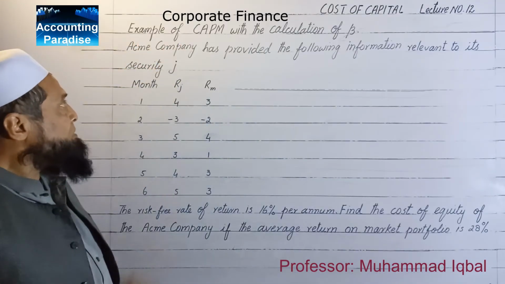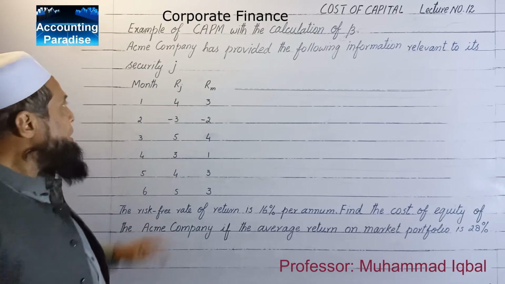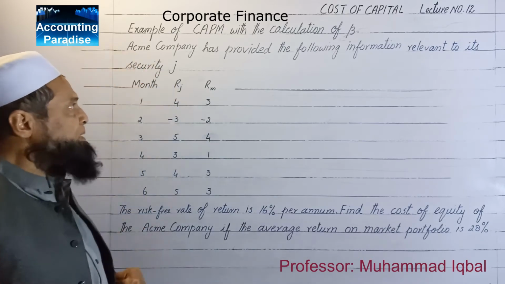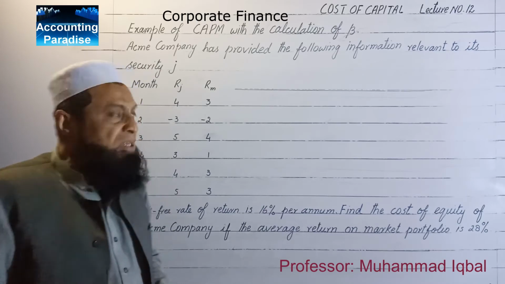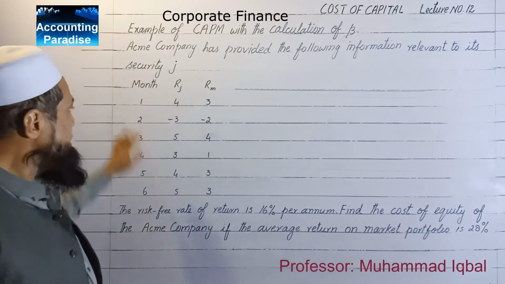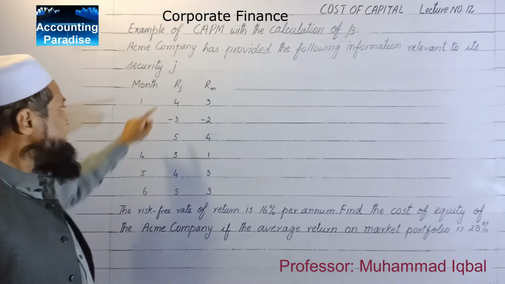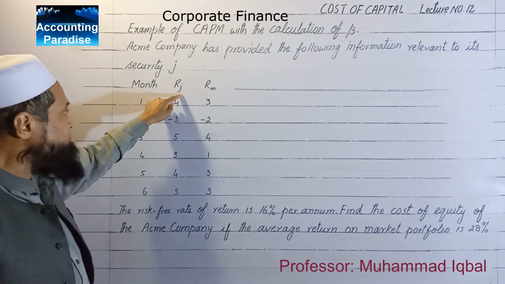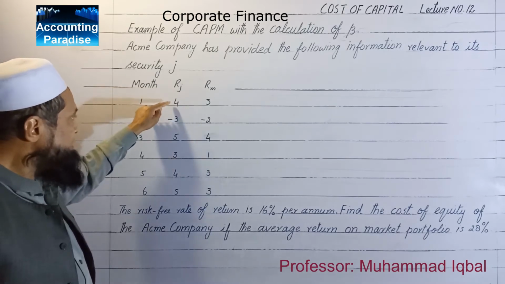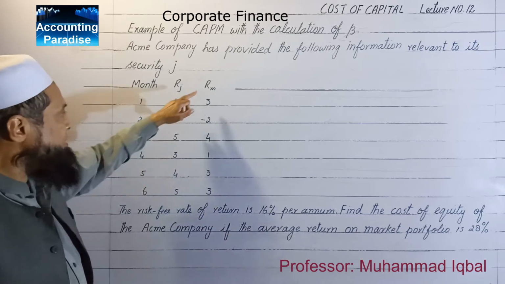Example of CAPM with the calculation of beta. Acme company has provided the following information relevant to its security J. Month 1, 2, 3, 4, 5, 6. Return of security J: 4, -3, 5, 3, 4, 5.